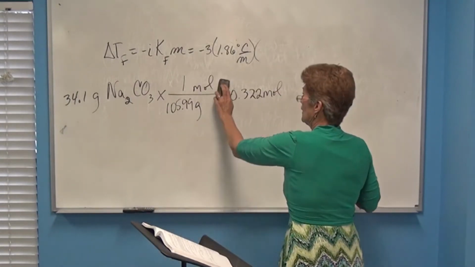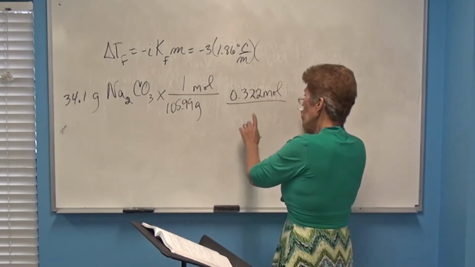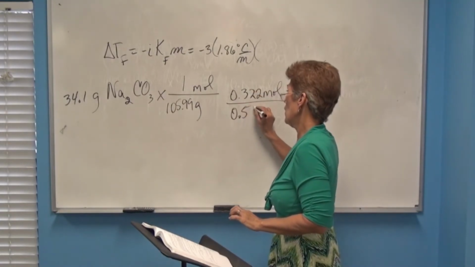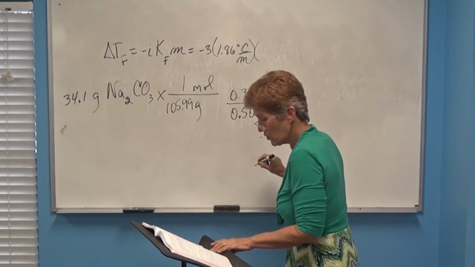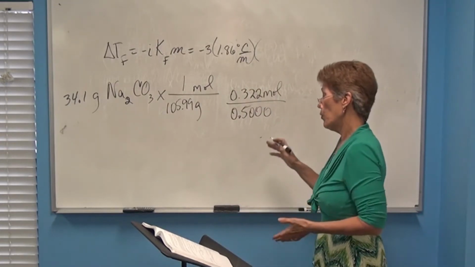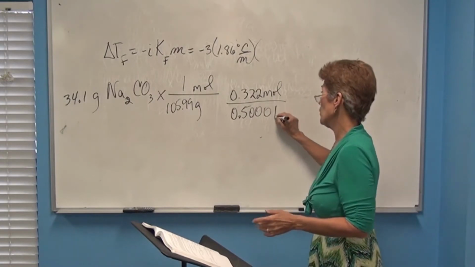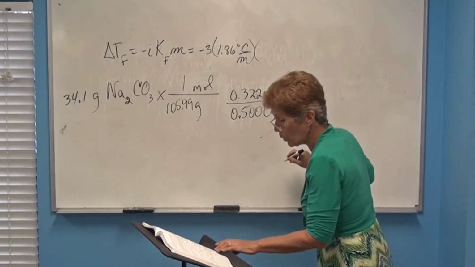So to find the molality, we're going to use the moles of the solute divided by the kilograms of the solvent, which is 500 grams, would be 0.5000 with the amount of significant figures there, kilograms. That will give us our molality.